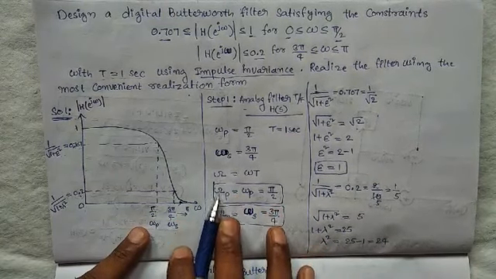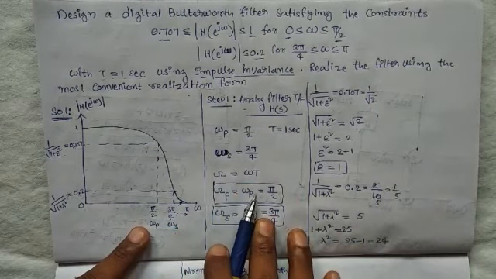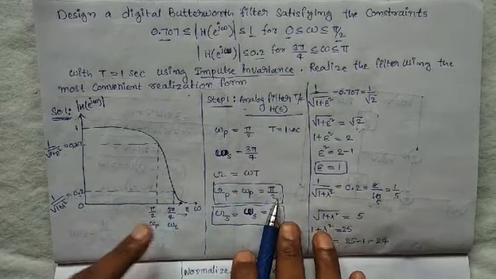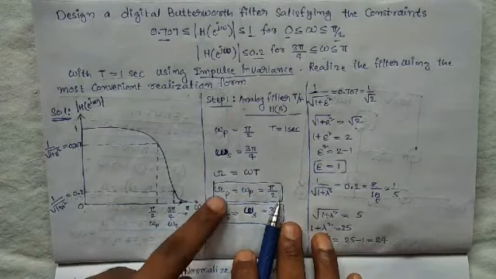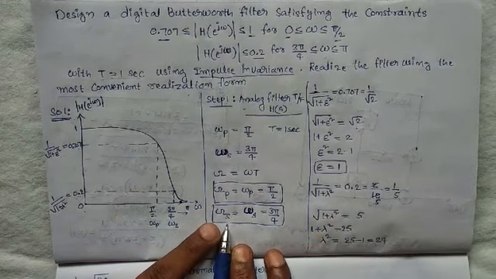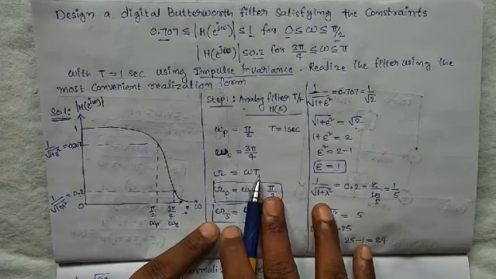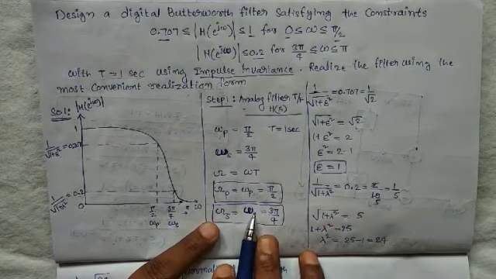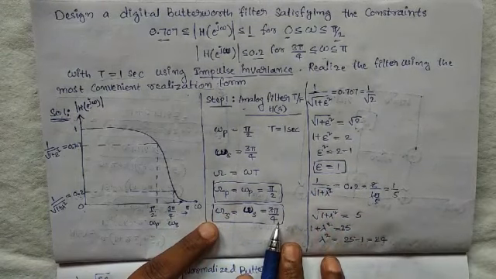Ωp is equal to ωp into T, where T is 1, so Ωp is π/2. The analog frequency is the same as the digital frequency. Similarly, Ωs is equal to ωs into T, with T equal to 1, so Ωs is 3π/4.